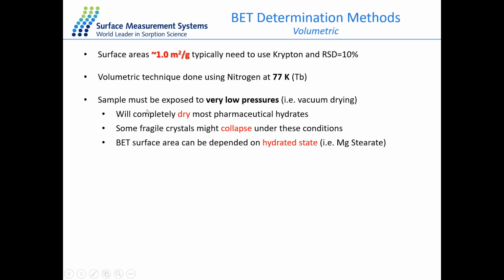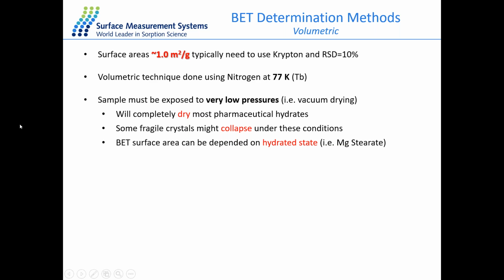And in terms of the experimental conditions, the volumetric method is performed at extreme conditions like liquid nitrogen temperature or very low pressure, like vacuum drying. These extreme conditions are not friendly to sensitive or fragile materials like freeze-dried materials or some pharmaceutical materials with hydration water.